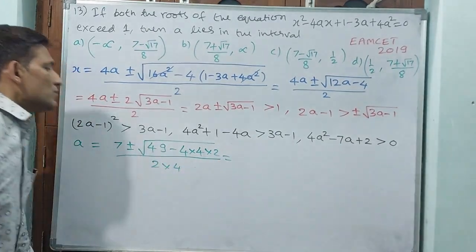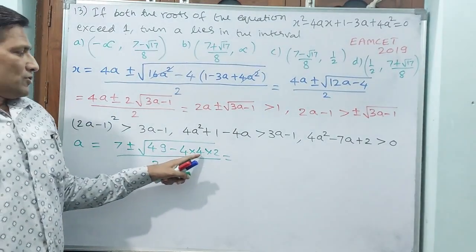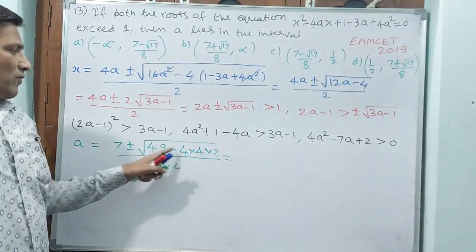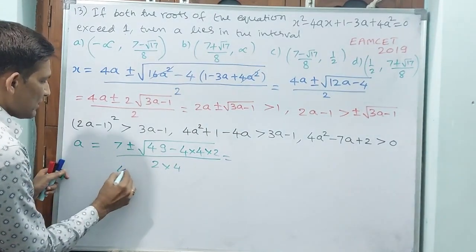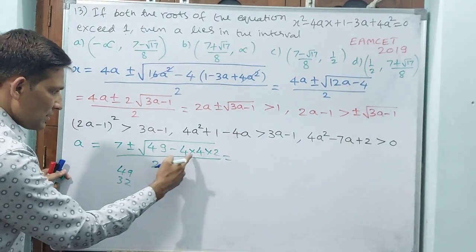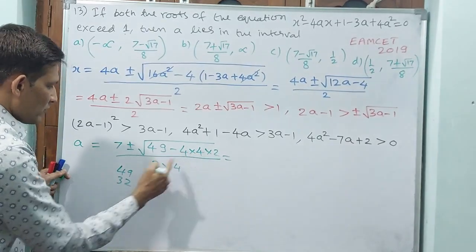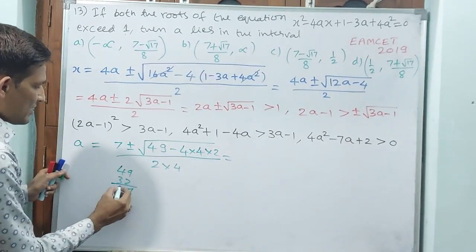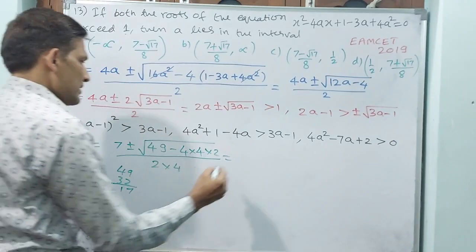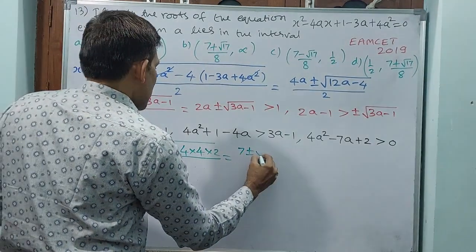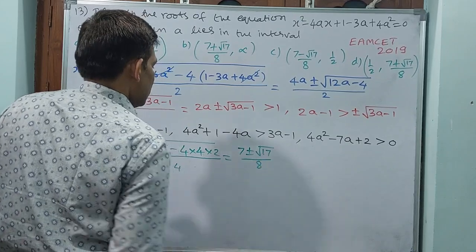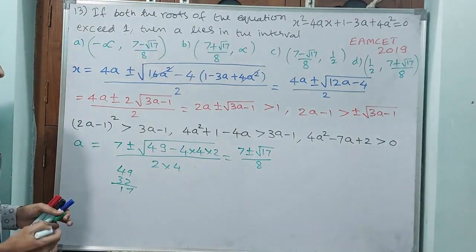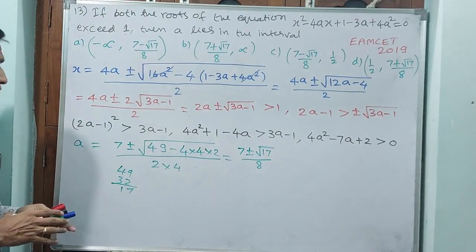That is equal to 49 minus 32, since 16 into 2 is 32. That gives root 17. So 7 plus or minus root 17 by 8.